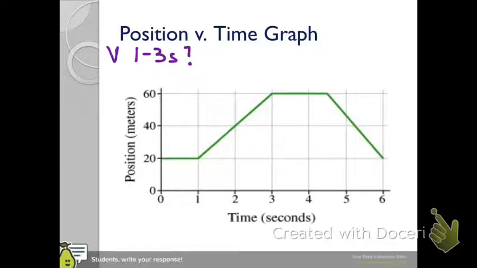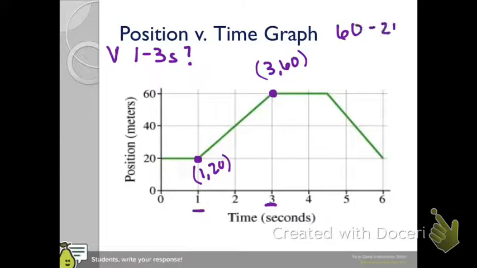So that means 1 to 3 seconds is right here, from here to here. So if I want to calculate that slope, this point is 20. This point is 60. So to calculate my slope, I'm going to go 60 minus 20 over 3 minus 1.